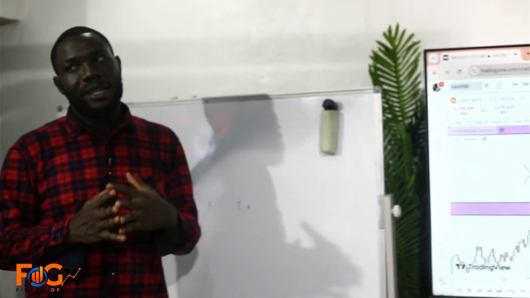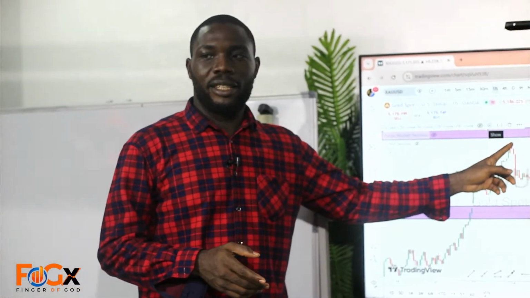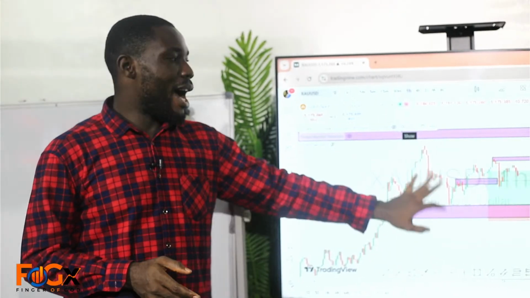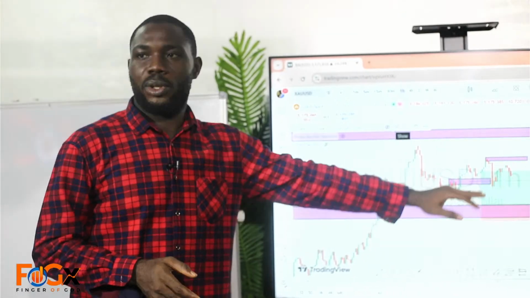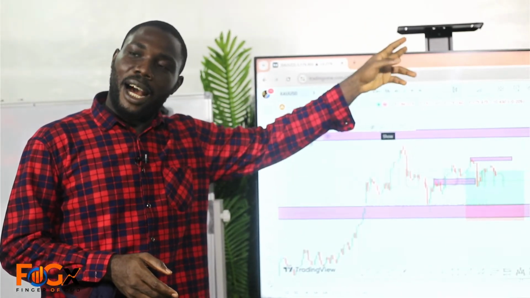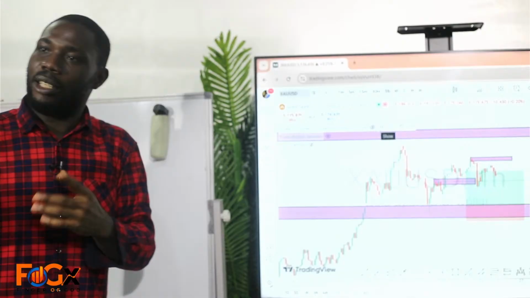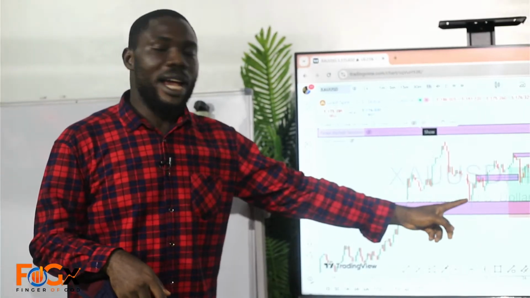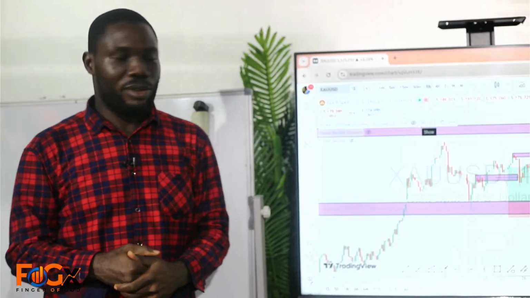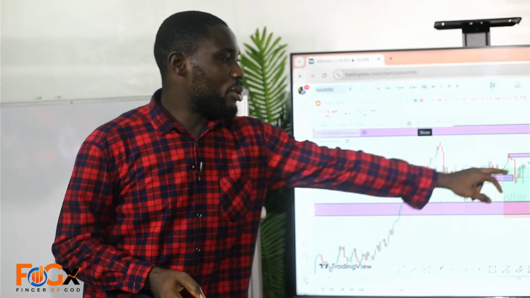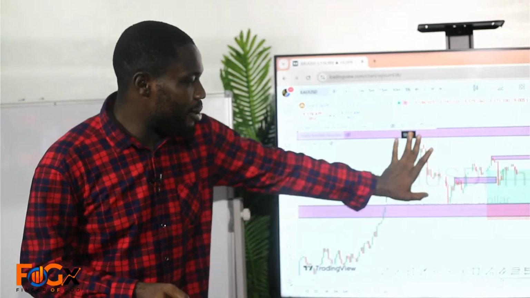If price is in a range, there must be a high and a low, and price has not gone out of them. If price goes higher than that high, we are experiencing a bullish trend. If price goes lower than that low, we are experiencing a bearish trend. So from this high to this low, we can say that price came back into this range.